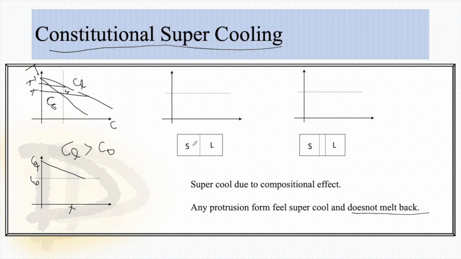Suppose this is the solid liquid boundary, which is very linear, and the transformation from liquid to solid is going to occur. As we move away from the interface into the solid zone, the composition is almost equal.